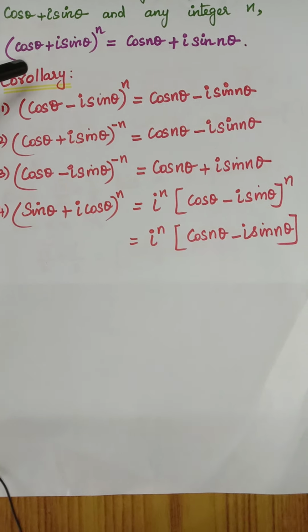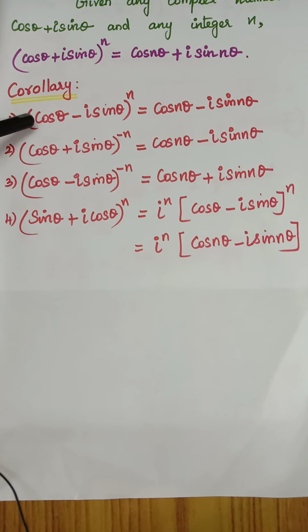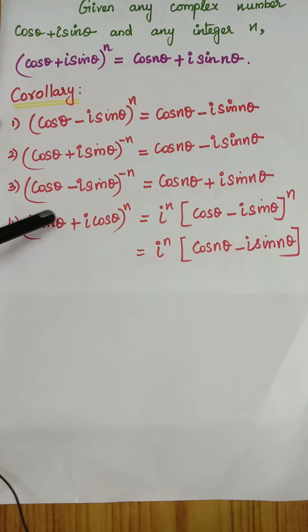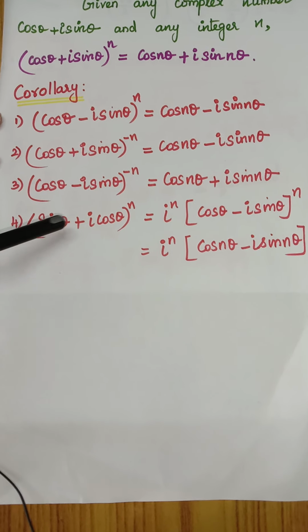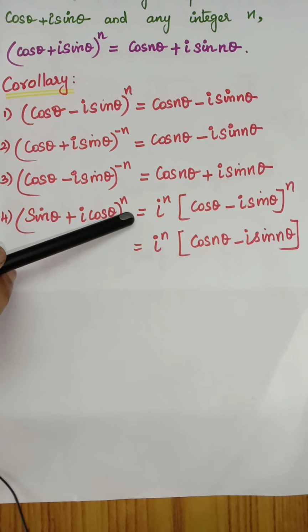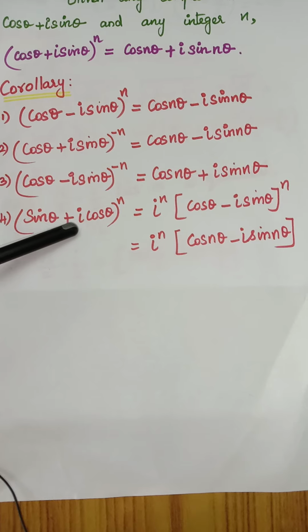Okay, you look at the fourth one. Here the real part is cos theta, and here the real part is sin theta: sin theta plus i cos theta the whole power n. What do you have to do? First, you have to take i out from this term.